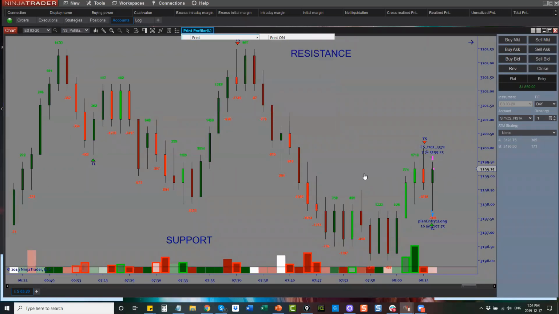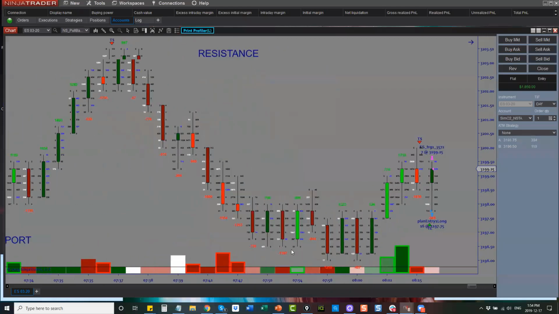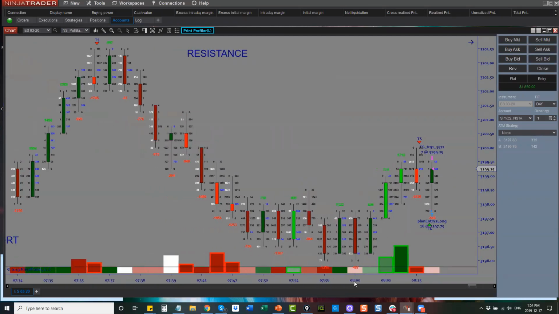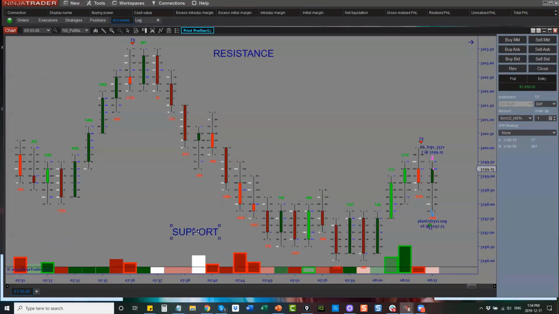Look at this trap trader. This is a perfect example of price trying to drop into support on negative delta, and they still couldn't drop it down. Price could not drop on negative delta at support. That is a huge indication that the buyers are absorbing the sellers and getting ready to rip it to the upside.